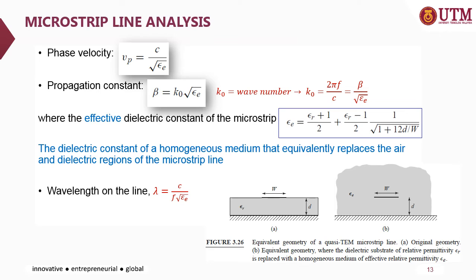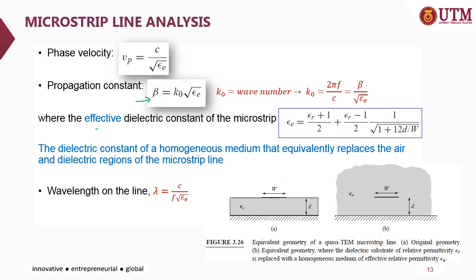Okay, some equations involved in microstrip line analysis: the phase velocity as mentioned earlier, and the propagation constant beta equal to k naught, the wave number, multiplied by the square root of the effective permittivity. In strip line, you use relative permittivity, epsilon r, but in microstrip line, you use effective permittivity.